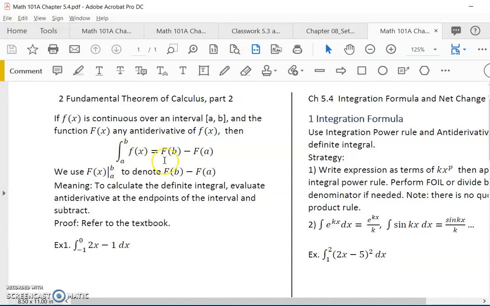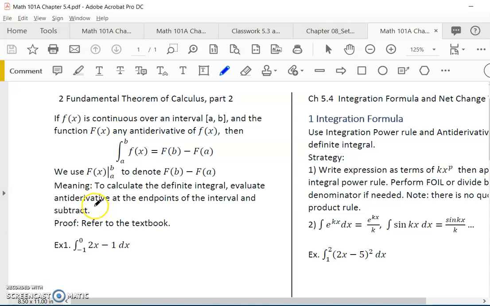But we do want to substitute the antiderivative at two numbers and subtract. So we do it this way. When I want to do F(b) minus F(a), we say F of x with a vertical slash from a to b. Meaning, to calculate a definite integral, now we use the antiderivative at the endpoints.